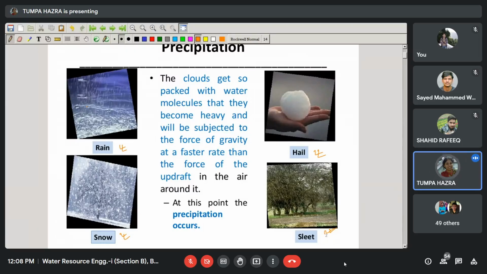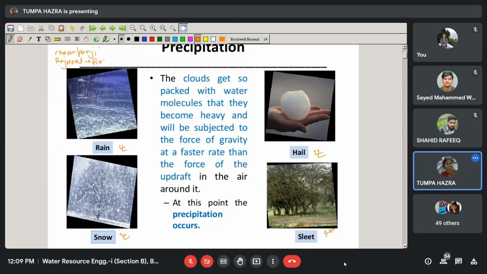The magnitude of precipitation basically varies with time and space. You know that maximum rainfall in India occurs in Cherrapunji, and minimum rainfall in India occurs in Rajkot, Gujarat.